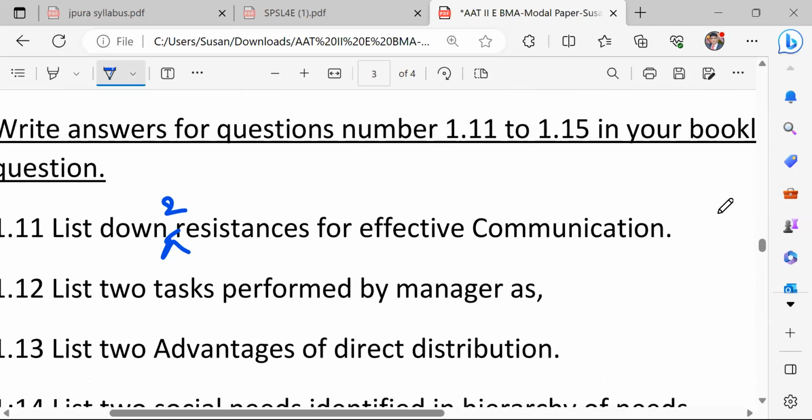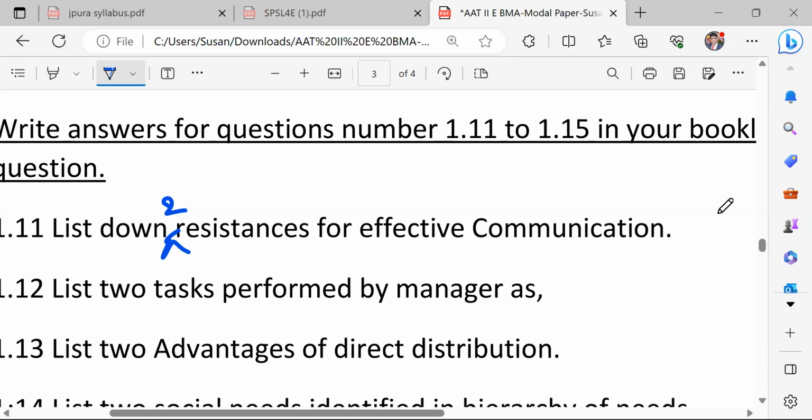If they can't hear or can't speak, those are physiological resistances. If a man can't speak, how can he communicate? And there are some barriers too. Psychological resistance, such as shyness. Some people are afraid or shy to speak in public. That is one resistance to effective communication.